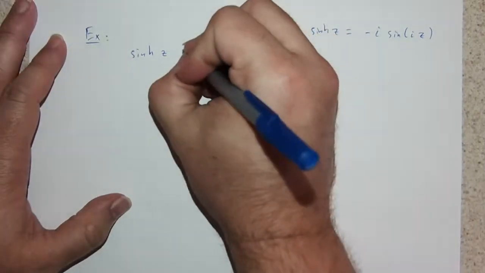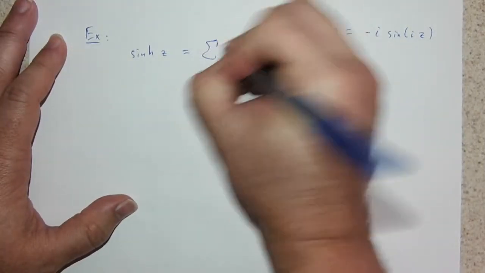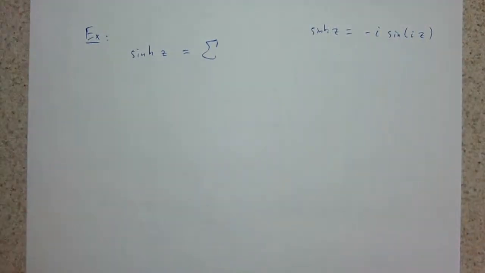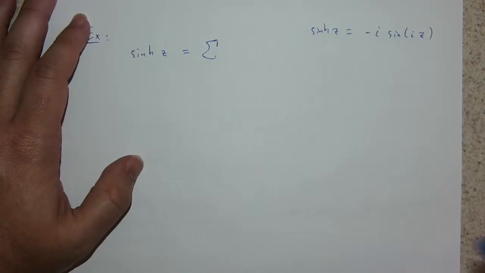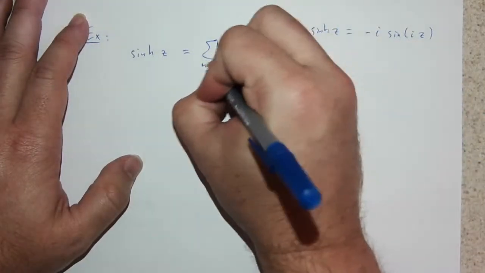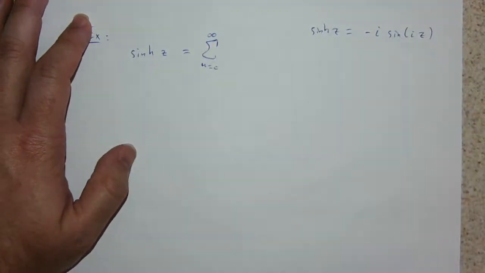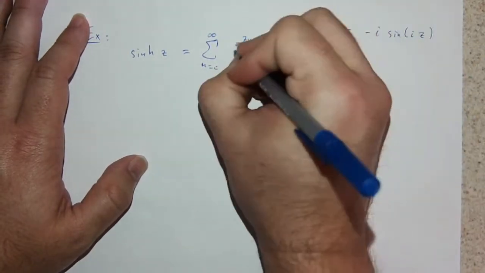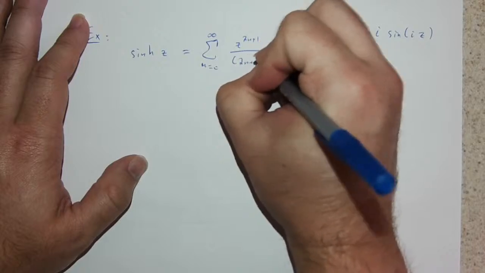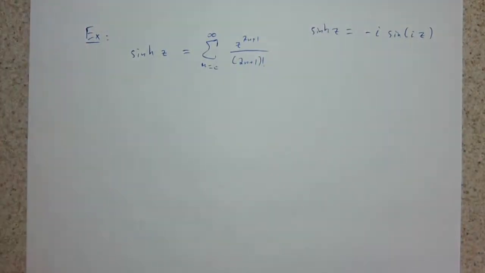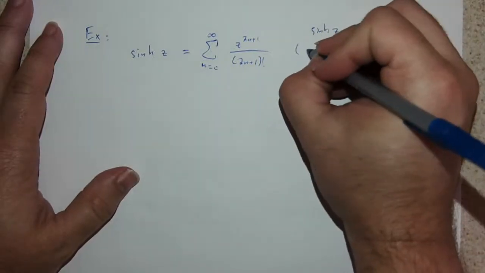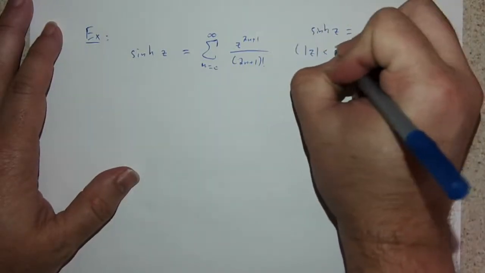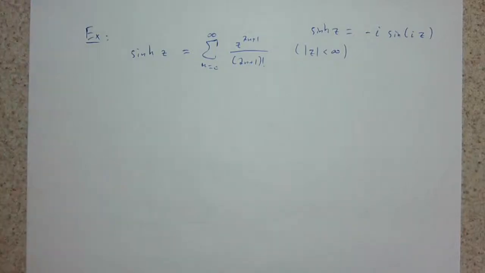And so sinh of z here, using the power series expansions I have for sine and just doing this algebra, tells me that this is the sum from n equals 0 to infinity of z to the 2n plus 1 over 2n plus 1 factorial. And again, this is entire, so this is for all z.